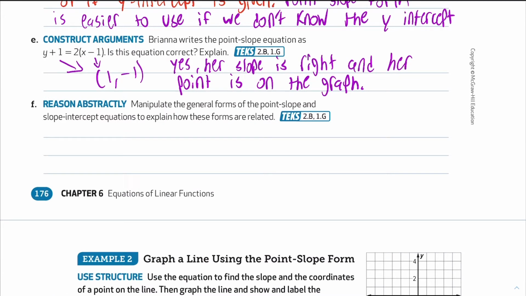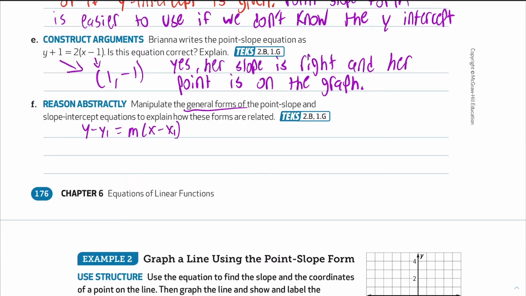Part F wants us to change from point slope into slope-intercept form. So y plus 1 equals 2x minus 1. Oh, but it says the general forms. So for the general form, we have y minus y1 equals m times (x minus x1).